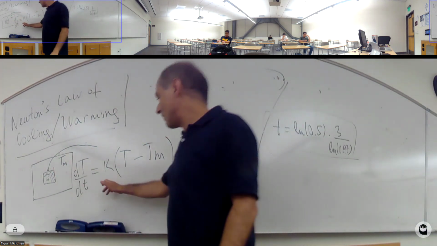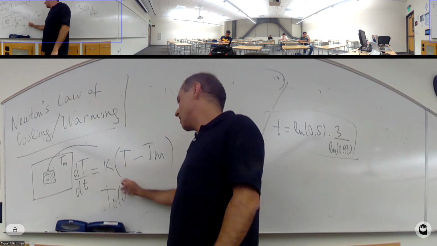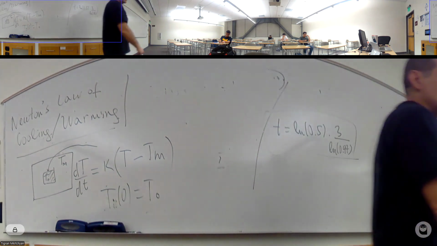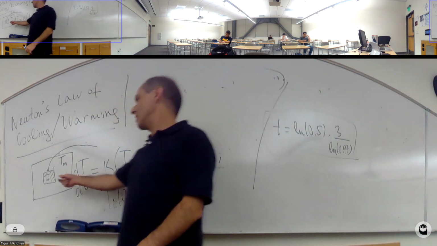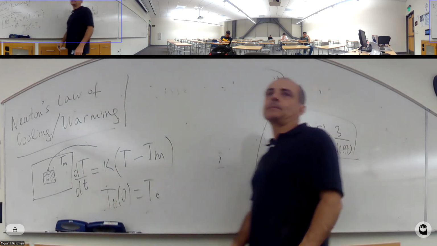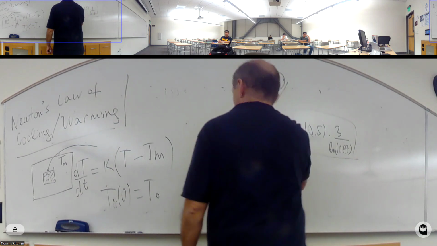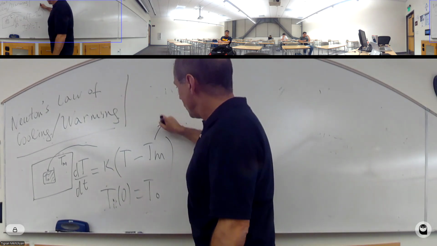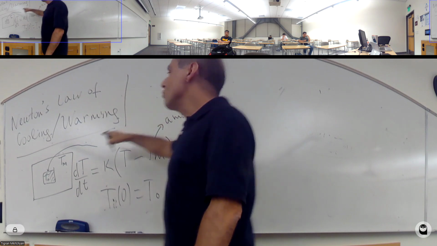And then, of course, the temperature at time 0 is some T0. So it's an initial value problem. So this has some initial temperature, and then it's changing according to that law. So this Tm is called ambient temperature, that room temperature.